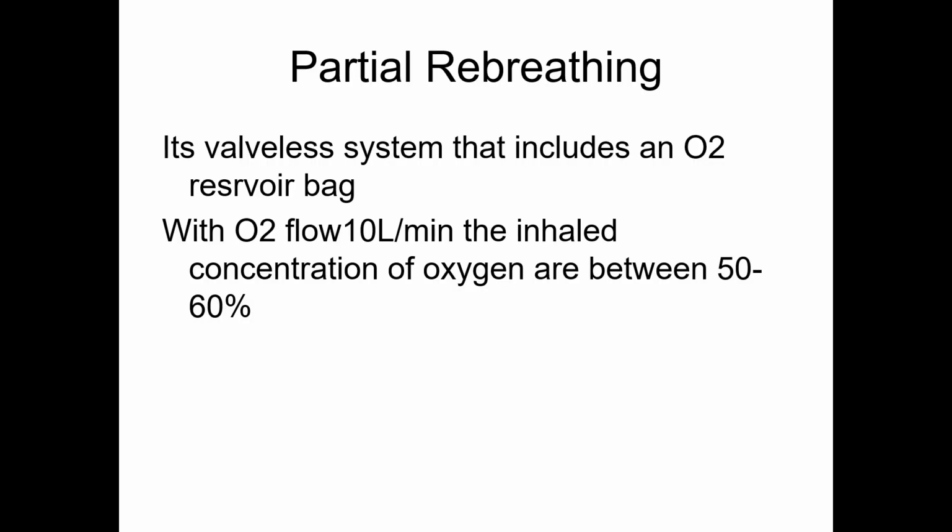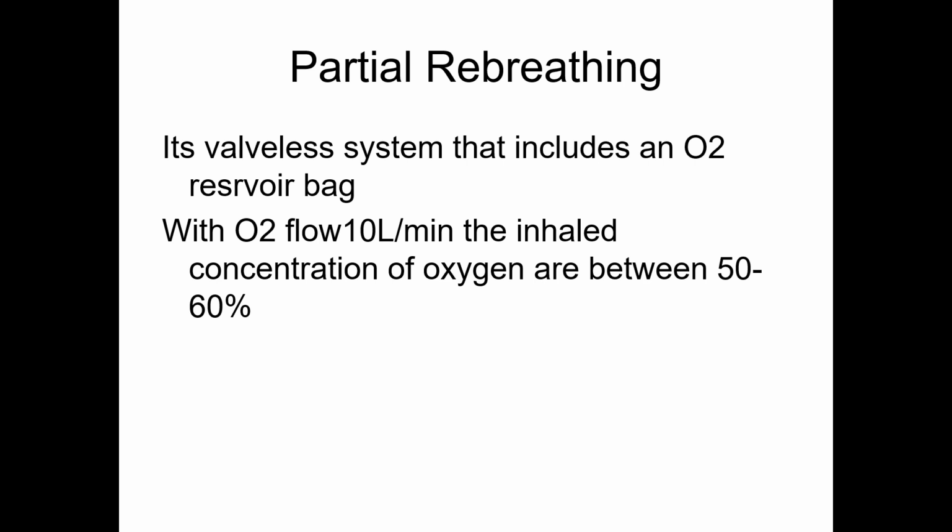Partial rebreathing oxygen mask. It's a valveless system. It's just a mask and a reservoir bag with oxygen flow up to 10 liters per minute. We can reach 50 to 60% oxygen.